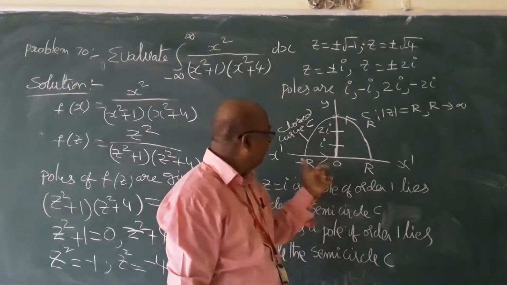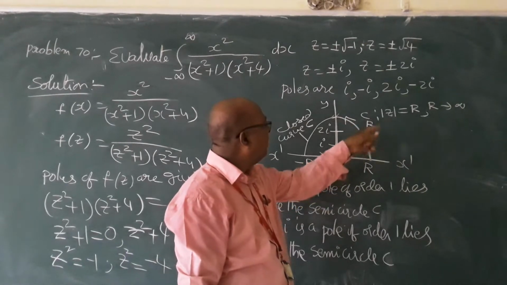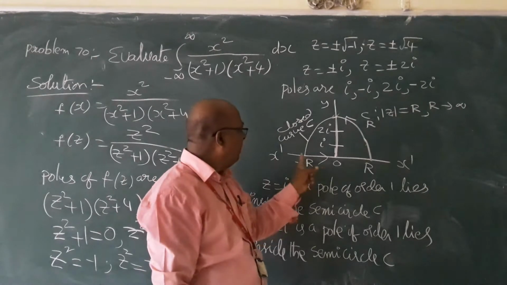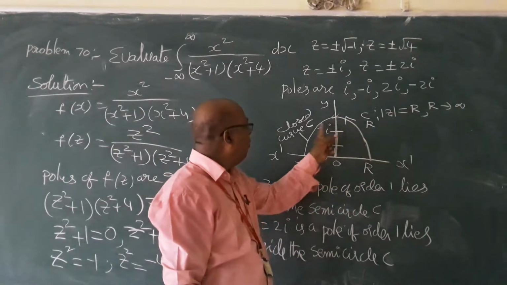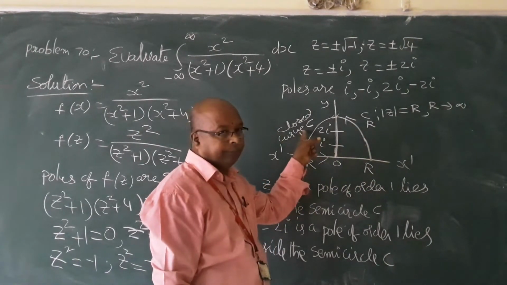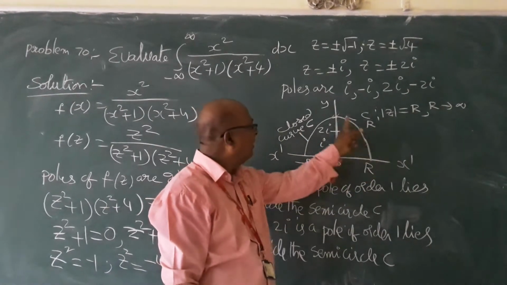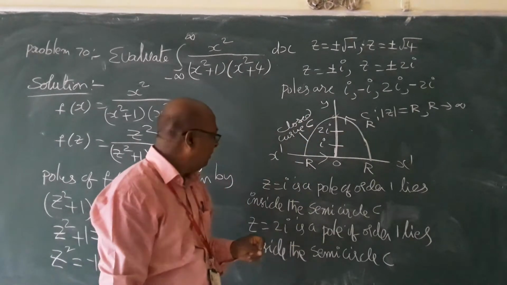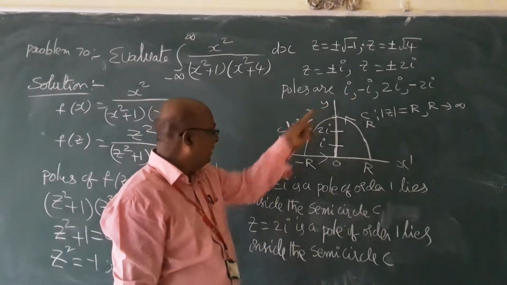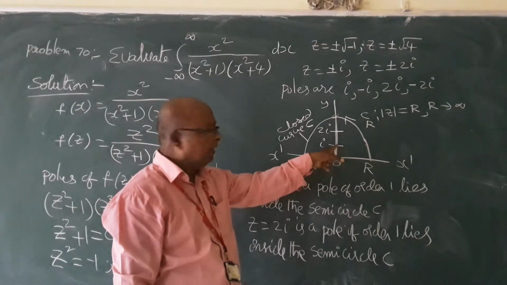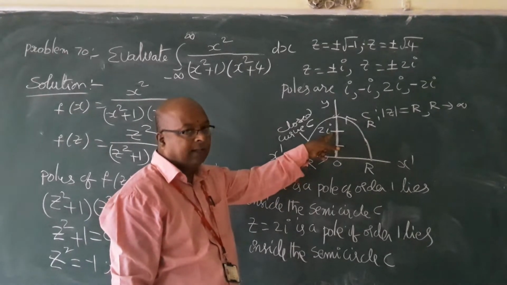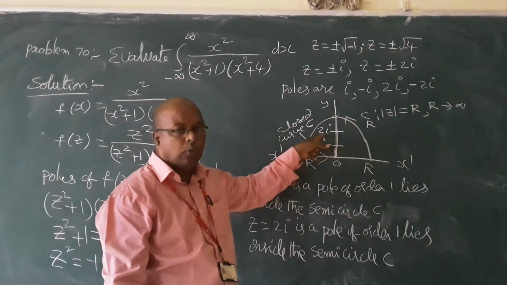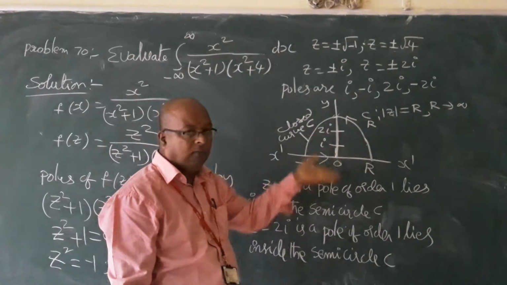Semicircle, observe the diagram: contour, y, x dash, x. This is your closed curve C, the complete semicircle. So z is equal to i lies on the y axis, 2i also lies on the y axis, the imaginary axis. I means 0, 1; 2i means 0, 2. So they lie on the y axis.